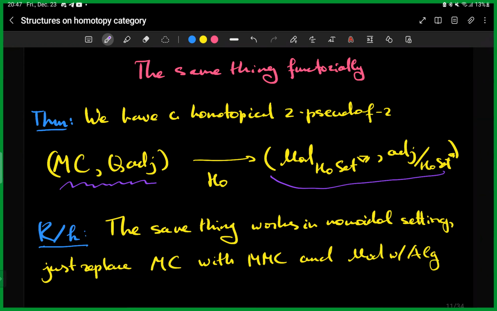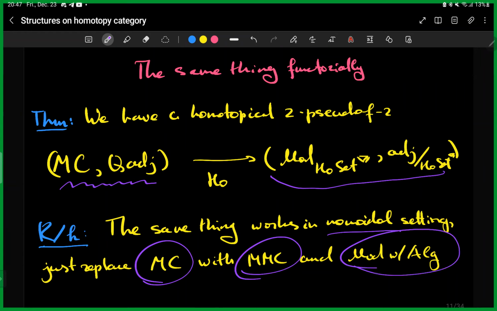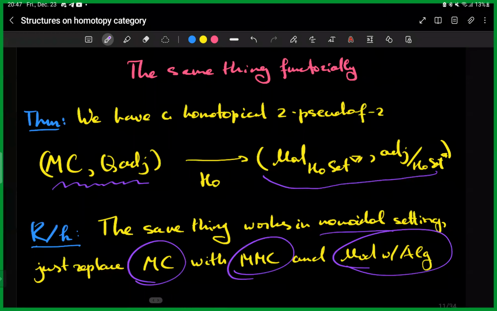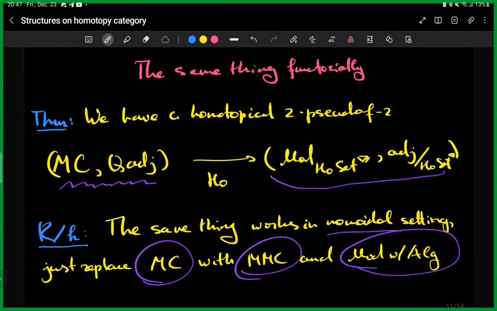And of course, the same thing works in monoidal settings. If we replace model categories by monoidal model categories, and if we replace modules with algebras, then we also get such a homotopical pseudo two-functor. And more importantly, we can do this in the pointed setting, meaning that instead of model categories, we put pointed model categories.